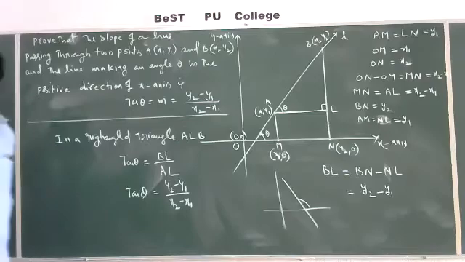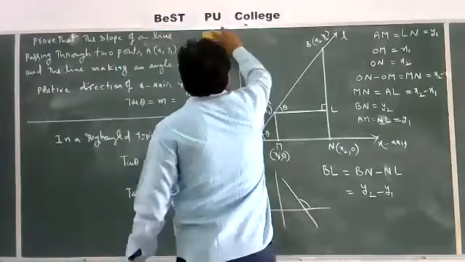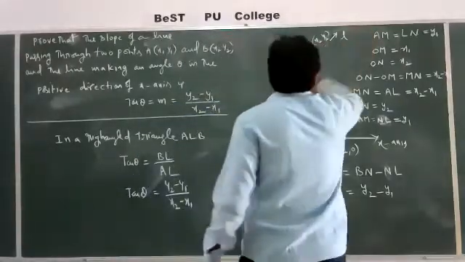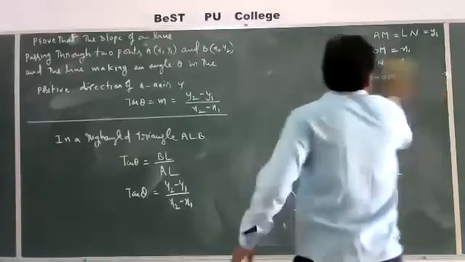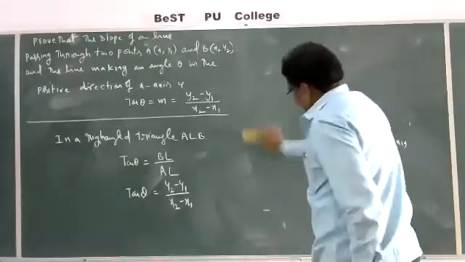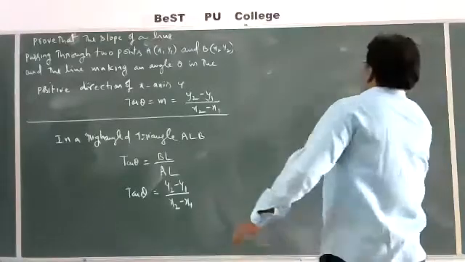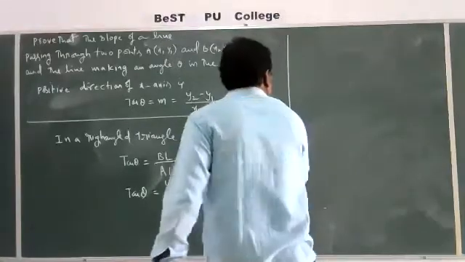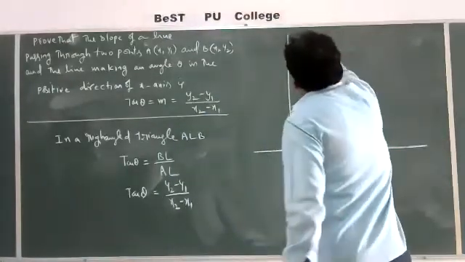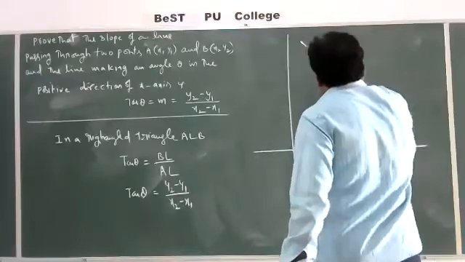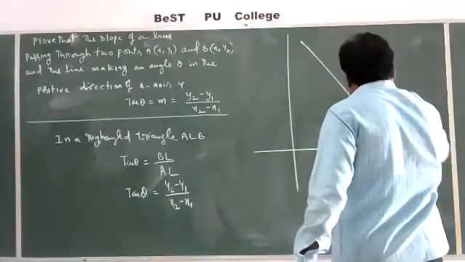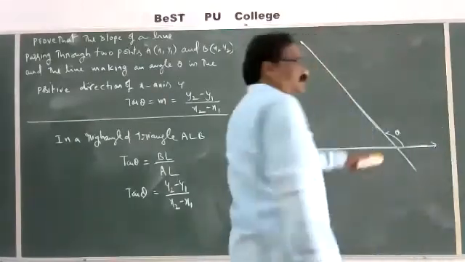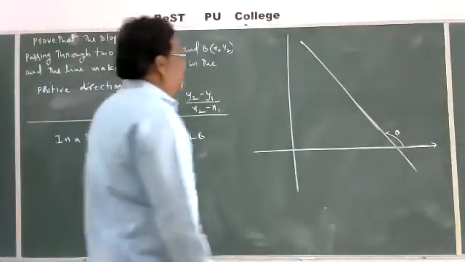Yes, the same theorem in another way. If the angle is greater than 90 degrees, for example, the figure is like this. This is the anti-clockwise direction, so inclination is above 90 degrees.